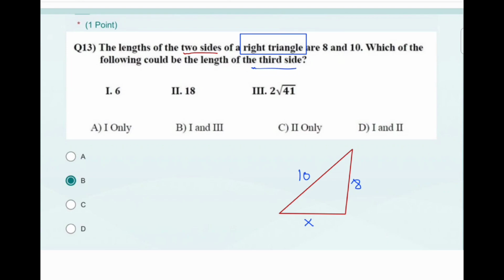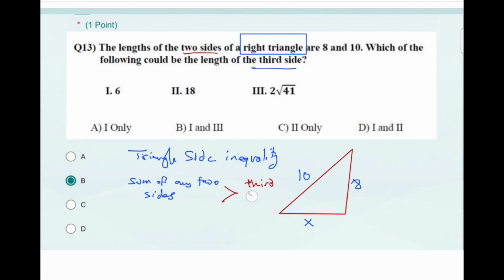So we know that we have the so-called triangle side inequality, which says that the sum of any two sides of the triangle is always strictly greater than the third side.